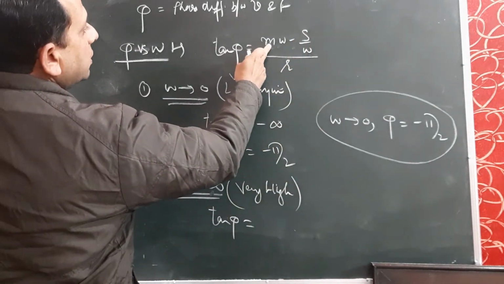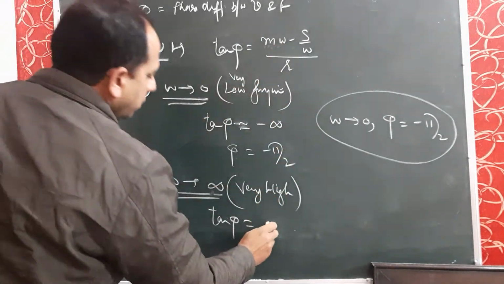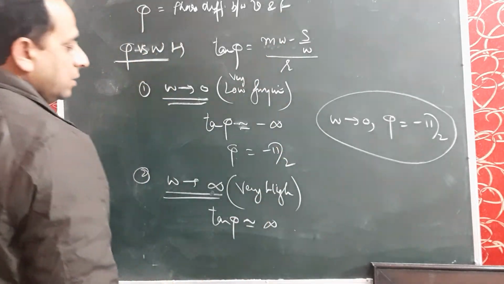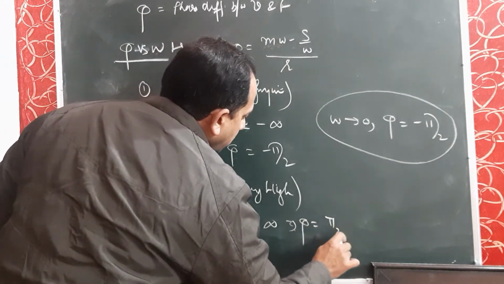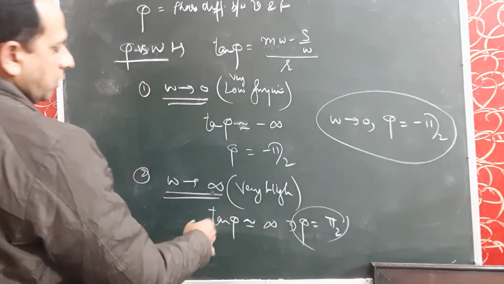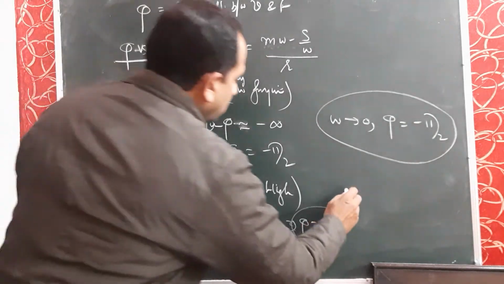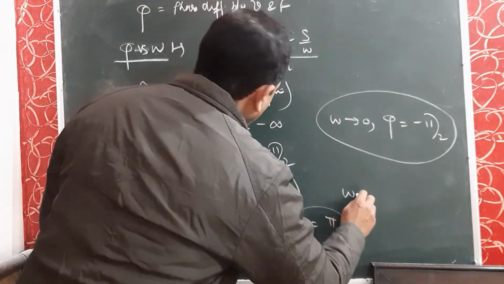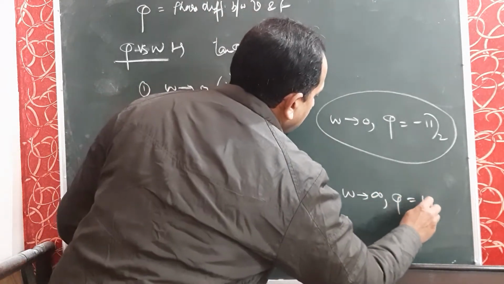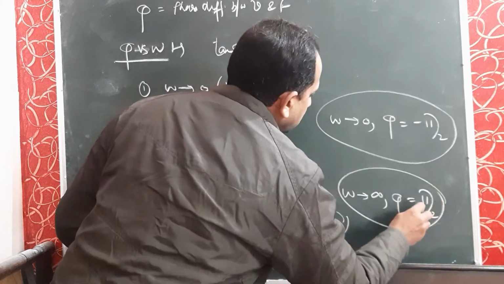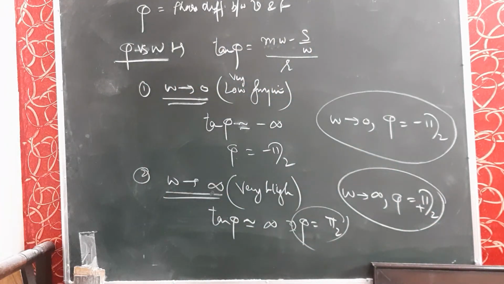So this term will dominate: infinity minus 0 upon anything means infinity. This implies phi becomes pi by 2, because tan 90 is infinity. So the second point is: omega tends to infinity and phi becomes plus pi by 2. In the first case it is minus pi by 2; in the second case it is plus pi by 2.